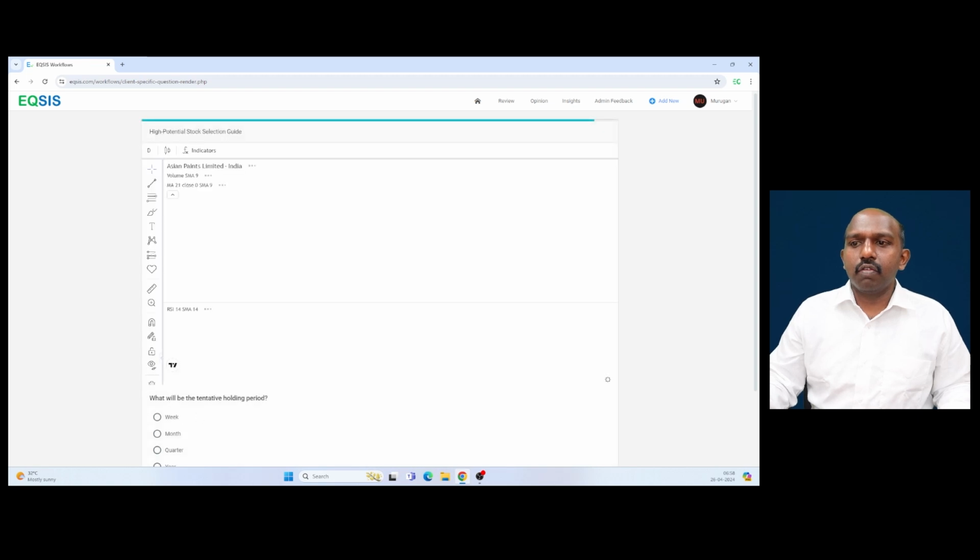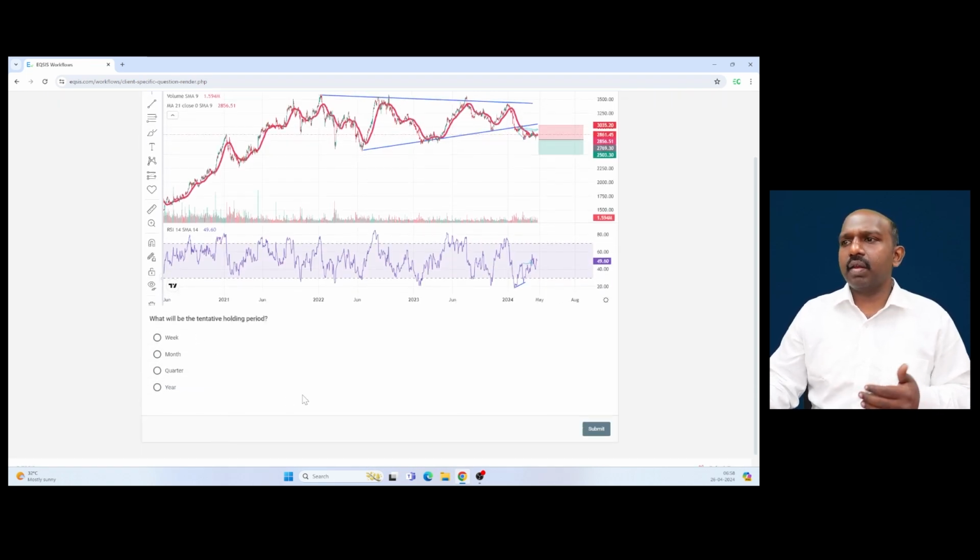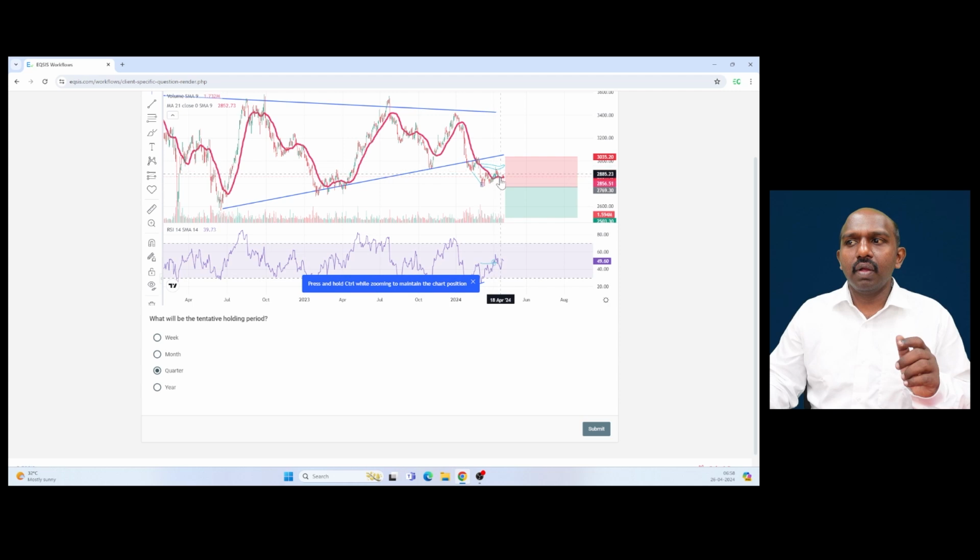What will be the tentative holding period? For how long are we witnessing the weakness? We are not witnessing the weakness for a year or a quarter, but we expect a month to quarter. Do remember that as long as the gap is open, we expect the weakness to continue.